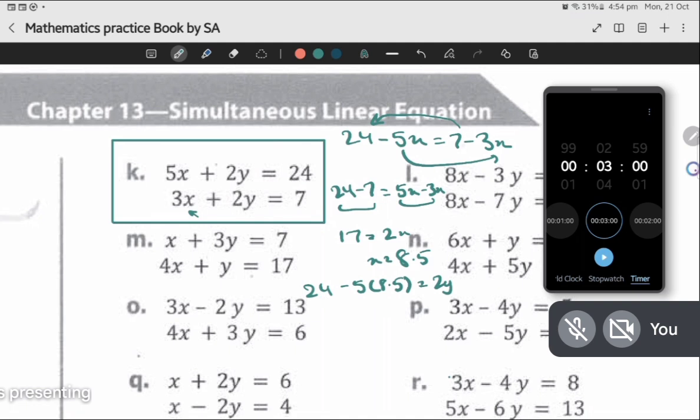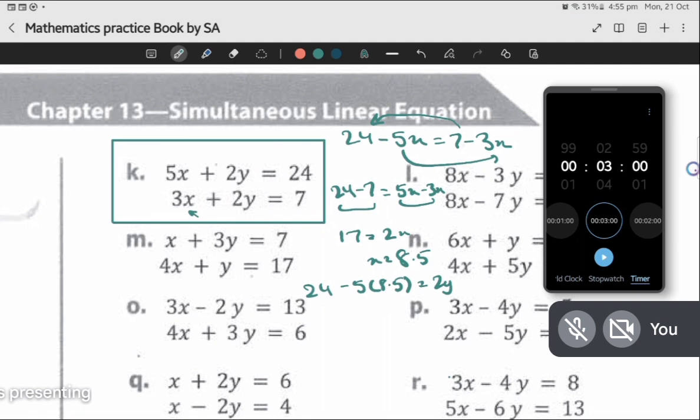Now can you solve this? Can you solve it?